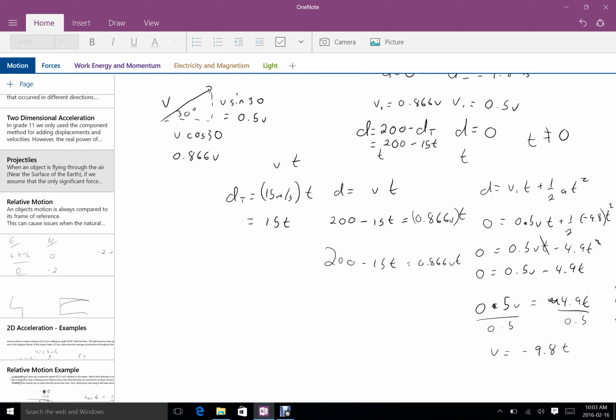With that in hand, I'm going to come up over here to this equation. 200 minus 15t equals 0.866 times my expression for v, 9.8t, times t. Oh, it wasn't negative. I got rid of that negative.